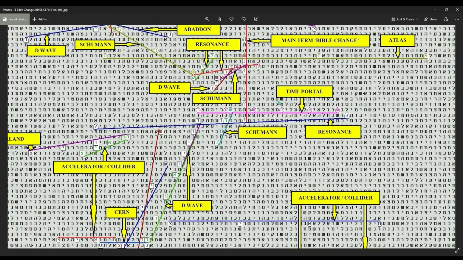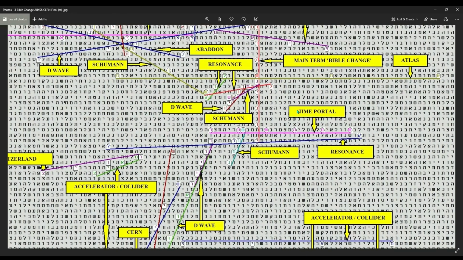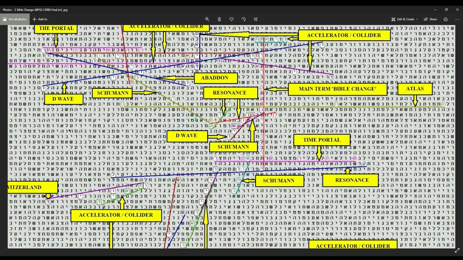And if you look here, I'd actually got this term as the portal at one bit, but later on I went looking for time, and it's only a small 3-letter word, Shin, Aleph, Hey, and I found this quite accidentally. I thought I'll just have a look for time and see where it's hitting, and it can take a long time sometimes when you're looking for 3-letter words to sift through a lot of the terms that's about.